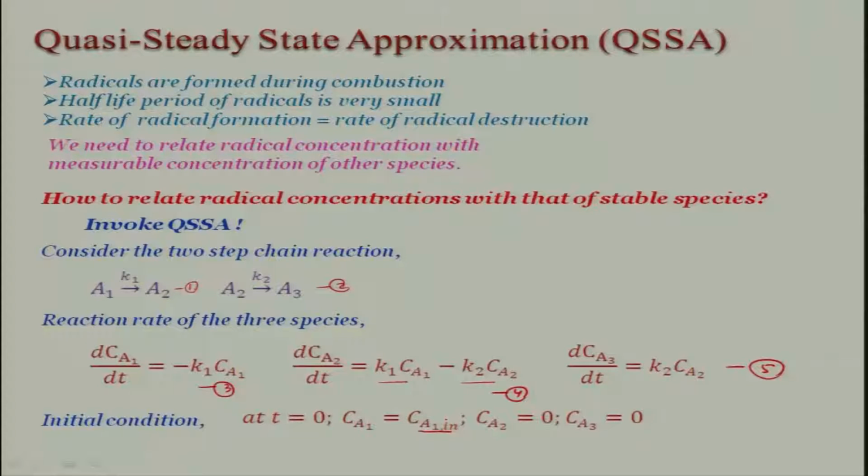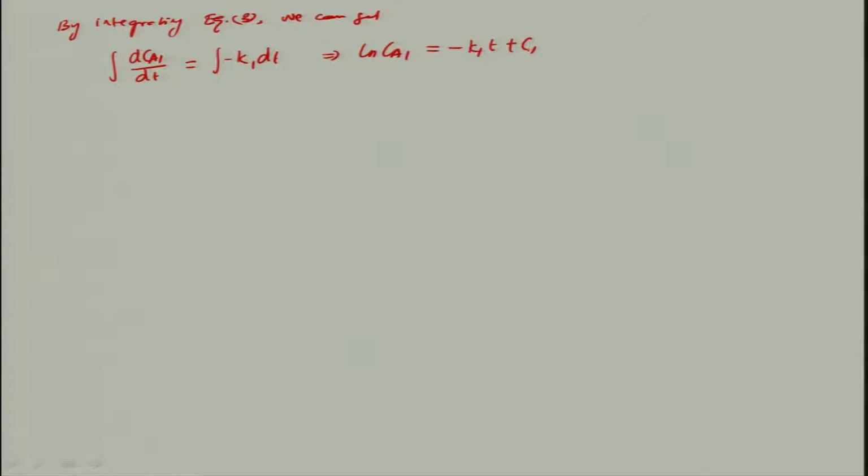Now, I will take equation 3 and try to integrate it. By integrating equation 3, we get dCA1/CA1 equals minus K1 dt. I can write this as ln CA1 equals minus K1 t plus C1. And what will be C1?